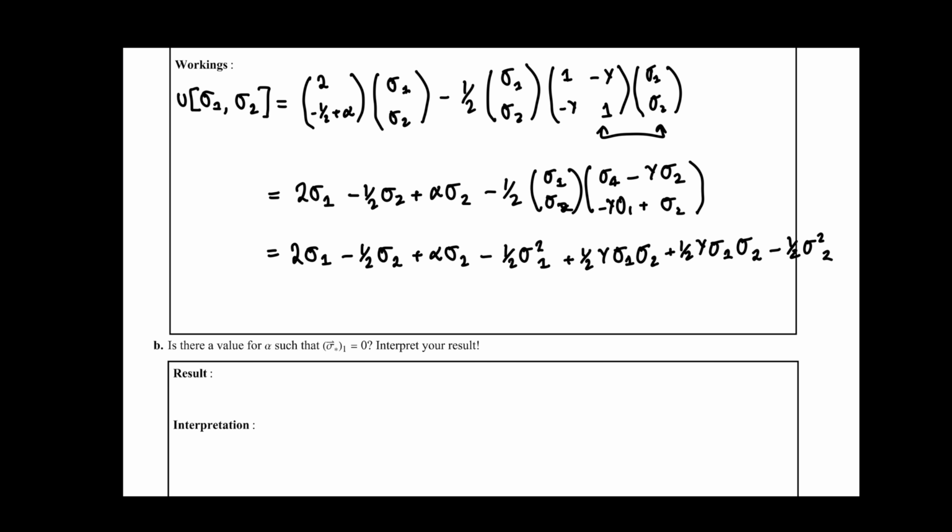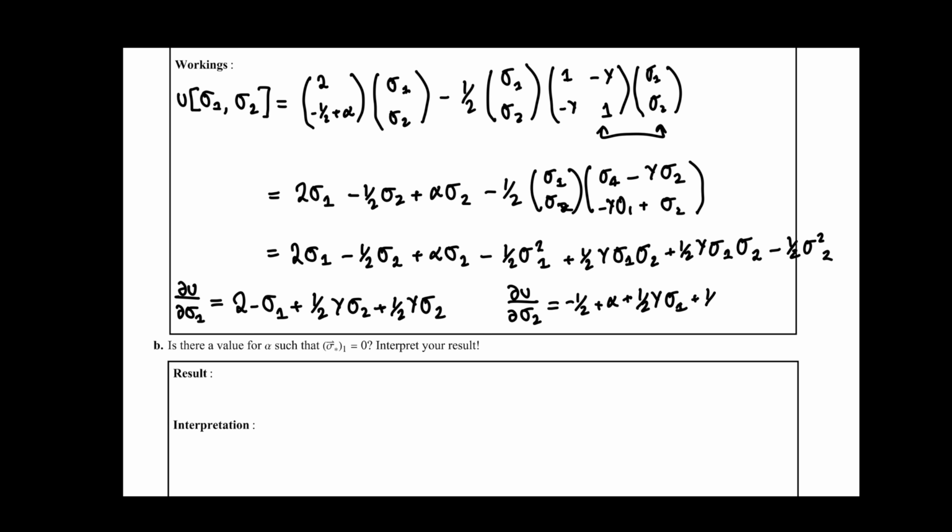If we now find the first order conditions, we get the partial derivative of the utility function with respect to σ1, which is equal to 2 minus σ1 plus a half yσ2 plus a half yσ2. Doing the same thing with respect to σ2 now, we get minus a half plus α plus a half yσ1 plus a half yσ1 minus σ2.